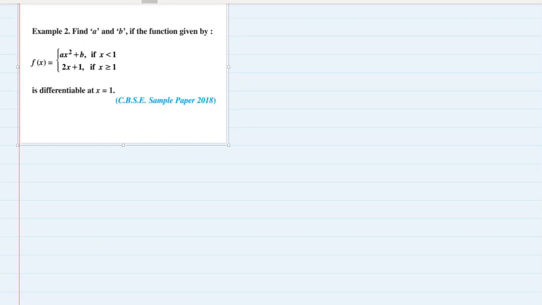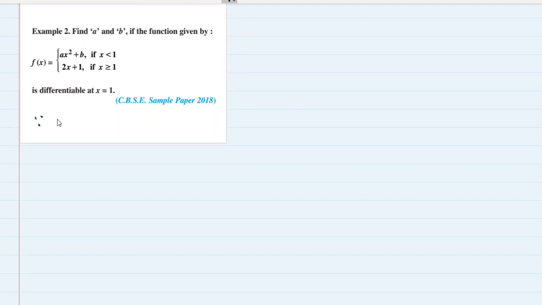So, if the function is continuous, then its left hand limit will be equal to right hand limit. That means the function will be left continuous and right continuous. So with this, if we find the left hand and right hand continuity, we will be able to understand a relationship between a and b. That is, we would be able to find out what is the relationship between a and b. Correct? Let's do that.